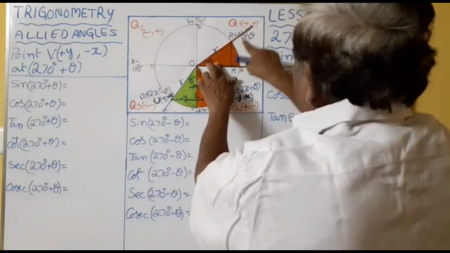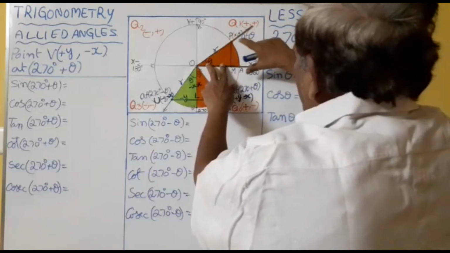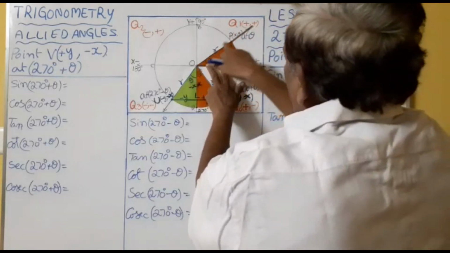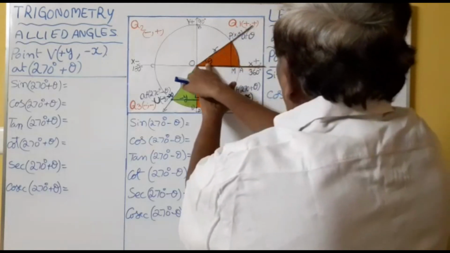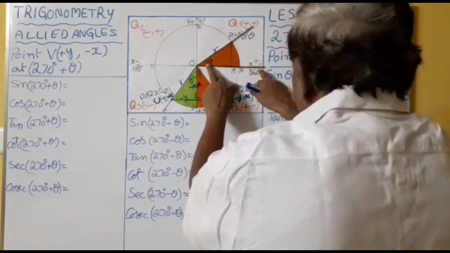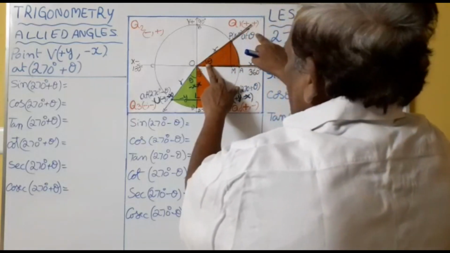Here the sticks attached at the edges represent the rays OP and OA. The ray OA is at 0 degrees and the ray OP is at theta degrees.